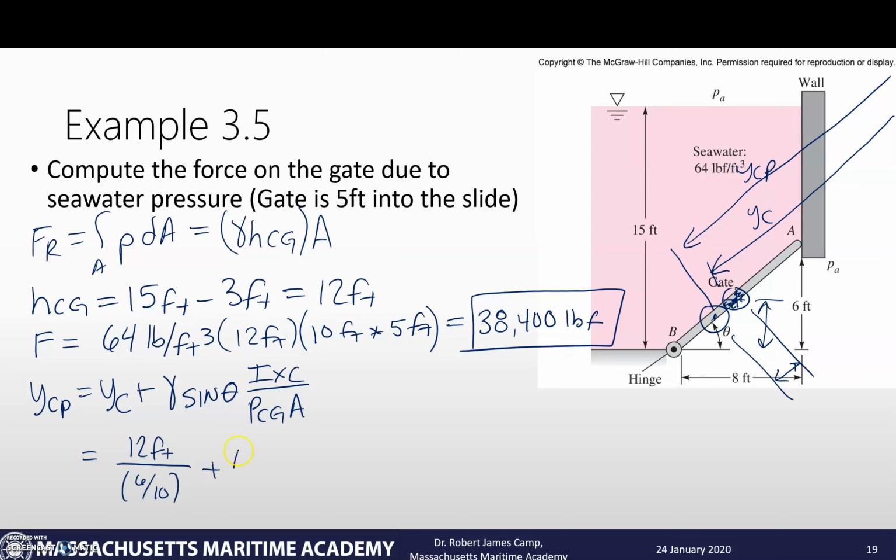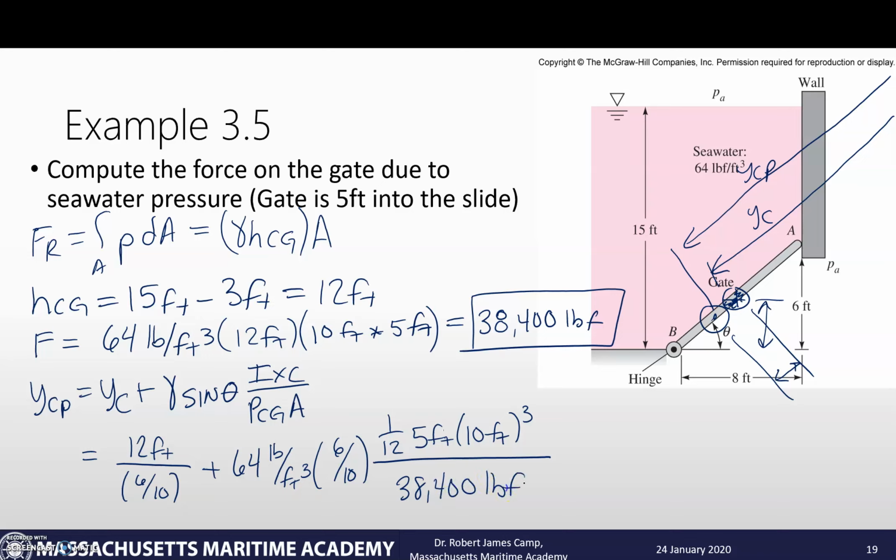We're going to add to that gamma, 64 pounds per cubic foot, times the sine of the angle, 6 over 10, times IXC. What is IXC? This is a rectangular gate, so that's pretty easy. It's 1/12 base times height cubed, so 5 feet times 10 feet cubed. Then we divide that by our pressure at the center of gravity times the area, which in this case is also our resultant force, so I'll just write in 38,400 pounds of force.